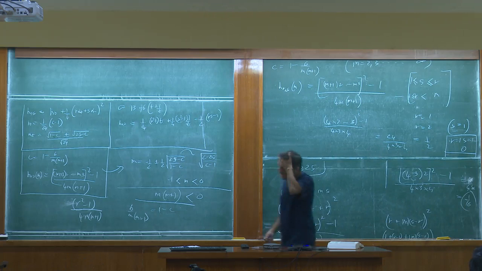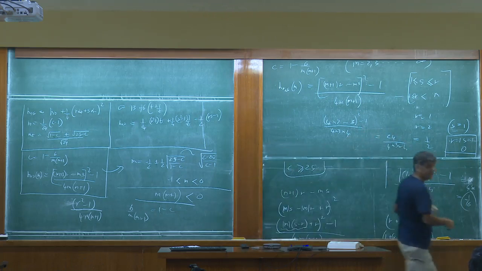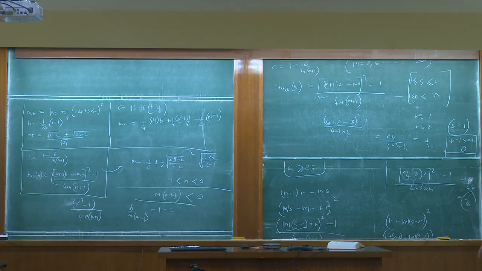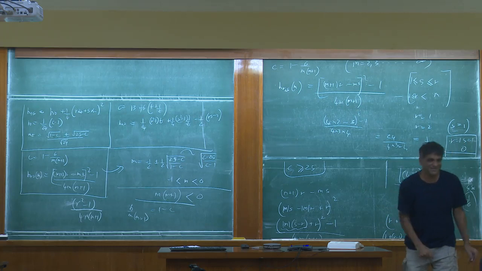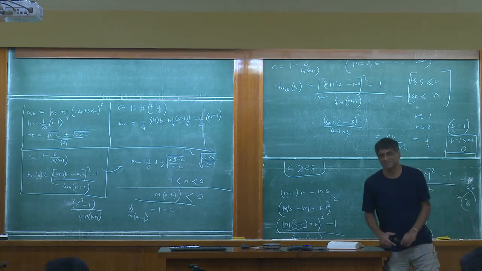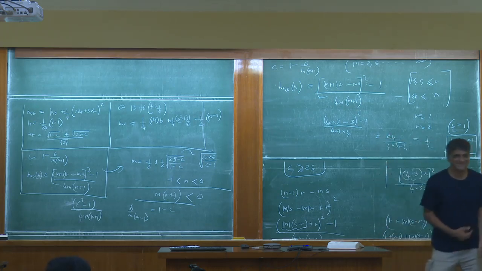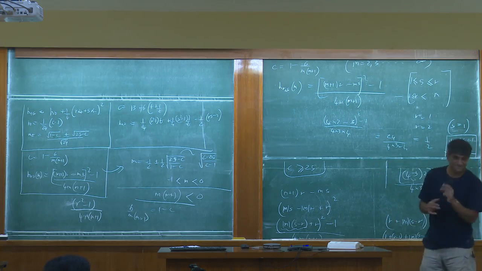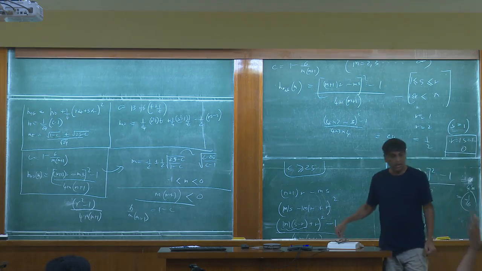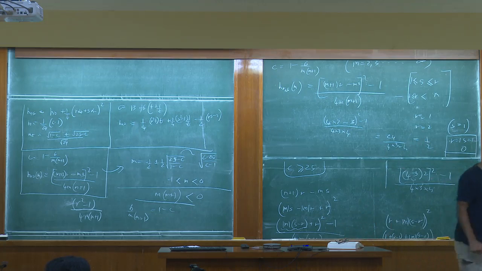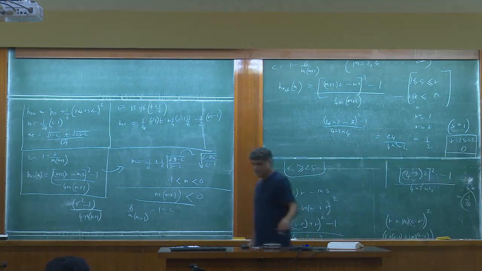And now that you guys have corrected my regions, we see also that the trivial theory does have one primary. It has R equal to S equal to 1, which is the identity primary. So we can't say anything about C equals 1. It's a bit of a singular limit.